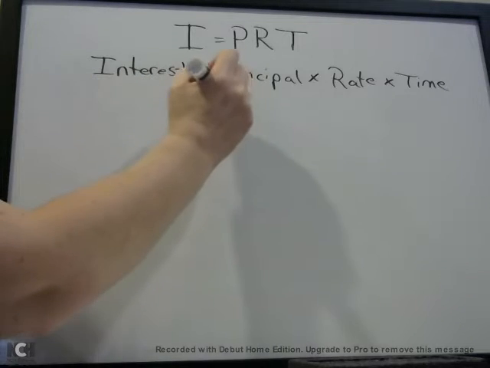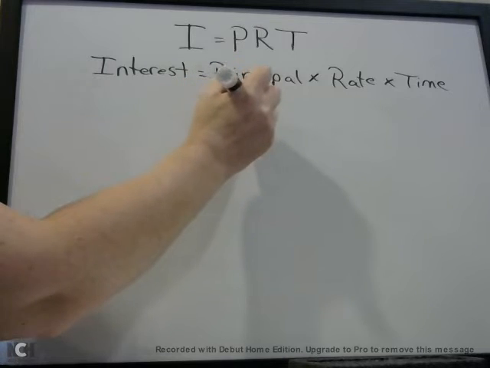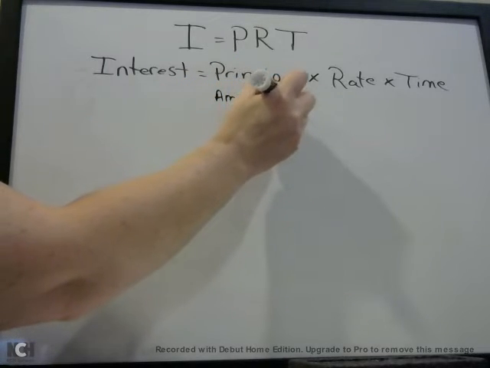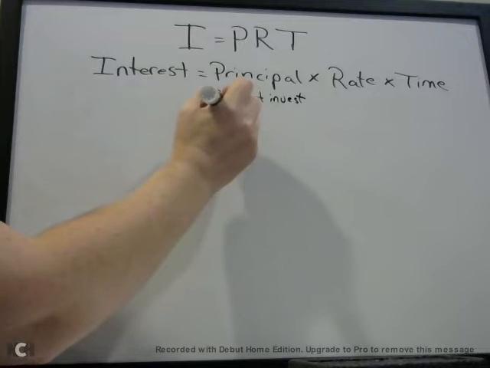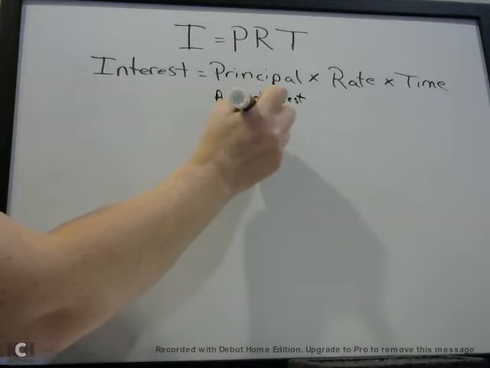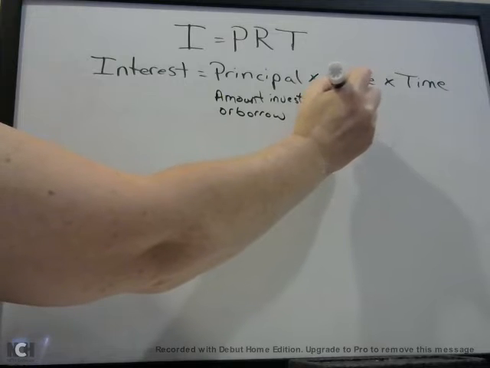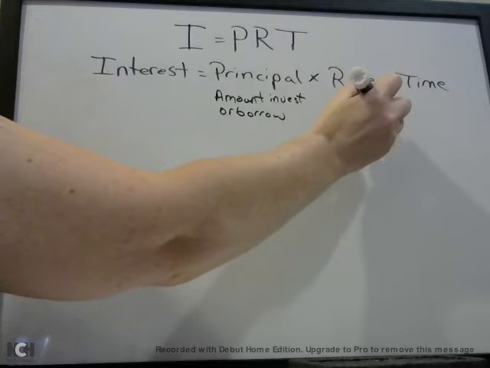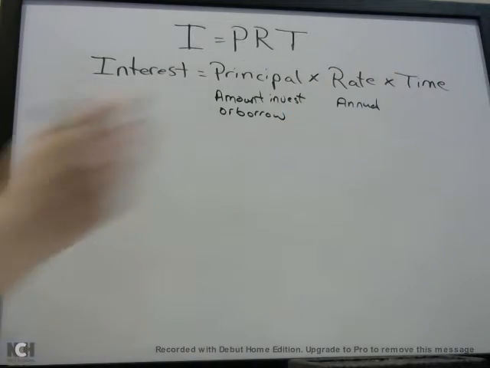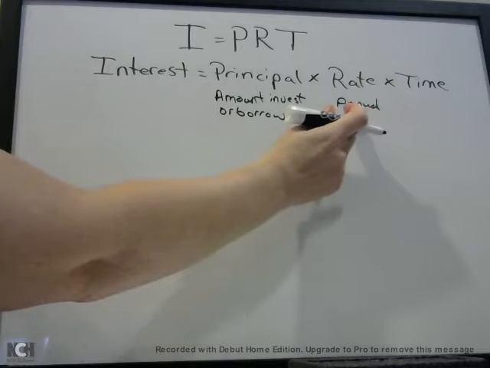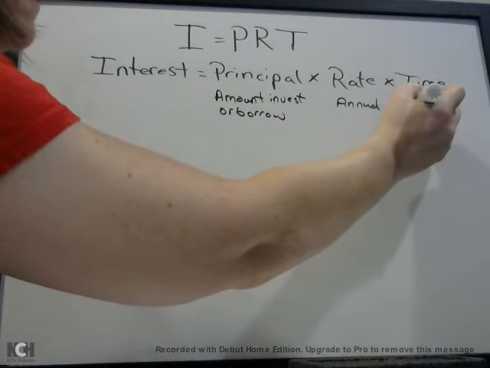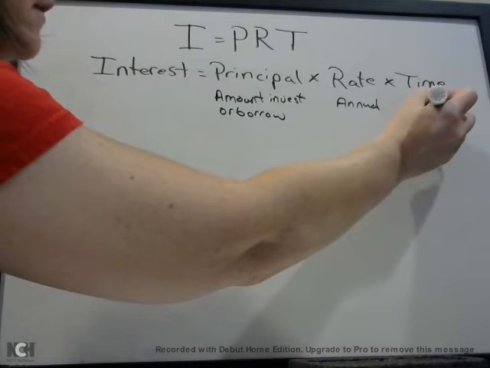Principal is the amount that you are going to invest or borrow, for example. Rate is usually a percentage, and in the problems you'll see on the GED, it is the annual rate. Since this is an annual rate, time needs to be in years.